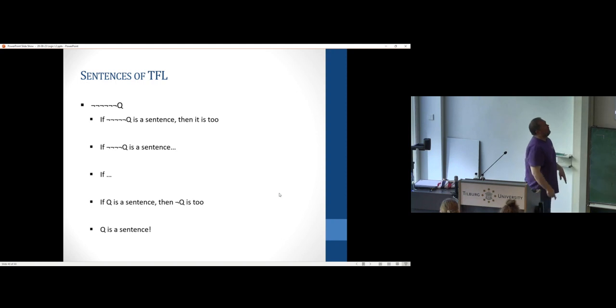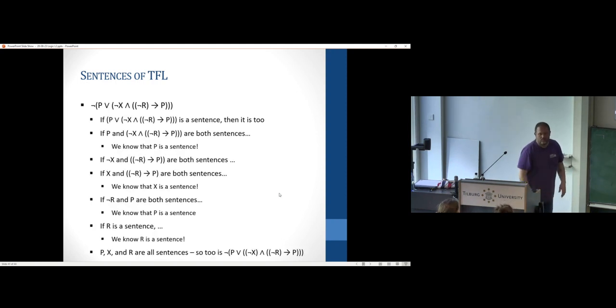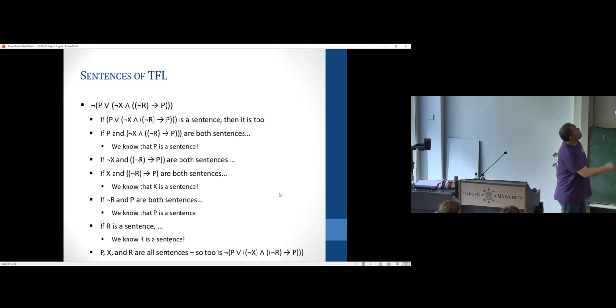Okay. Slightly more complex example, but this gets the same idea. Here is an expression of TFL. If we want to find out if it's a sentence, we work backwards. We see if we can figure out, by deconstructing it, how it was built. We start off, in this case, by noting that the negation is the thing in the front, so let's snap it off.